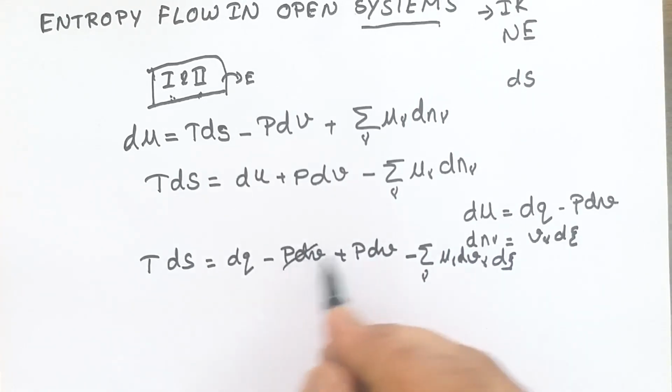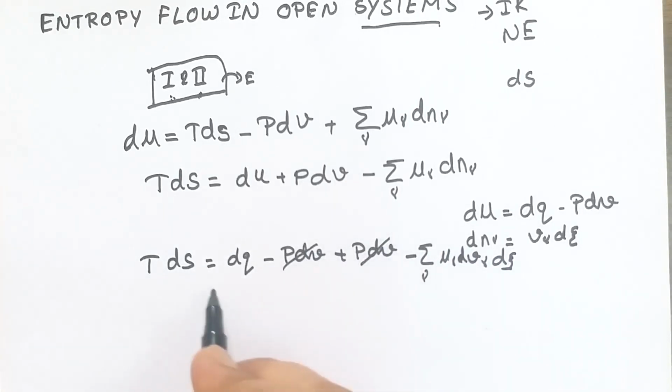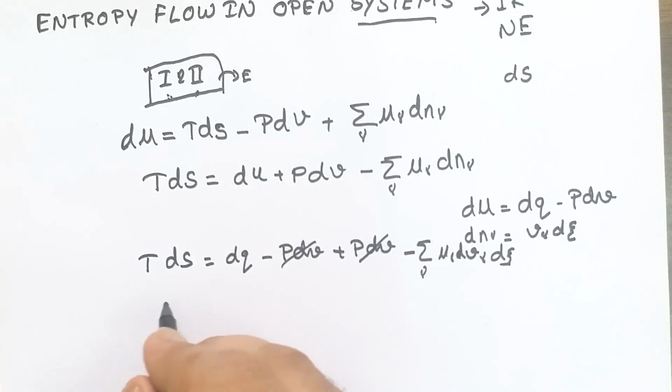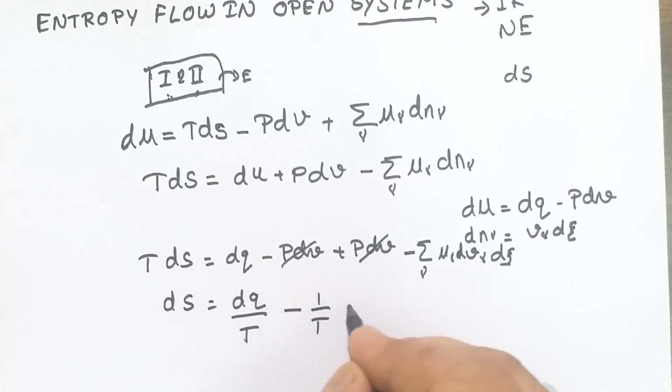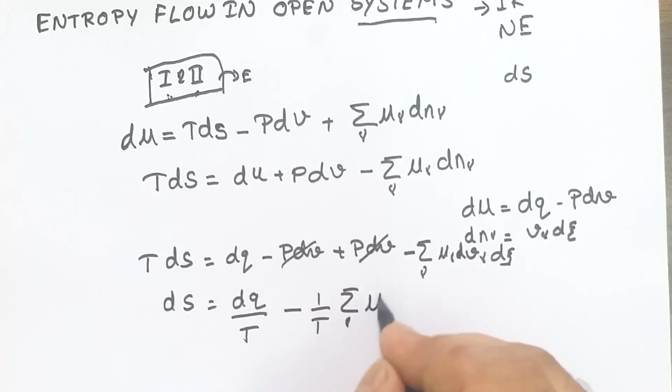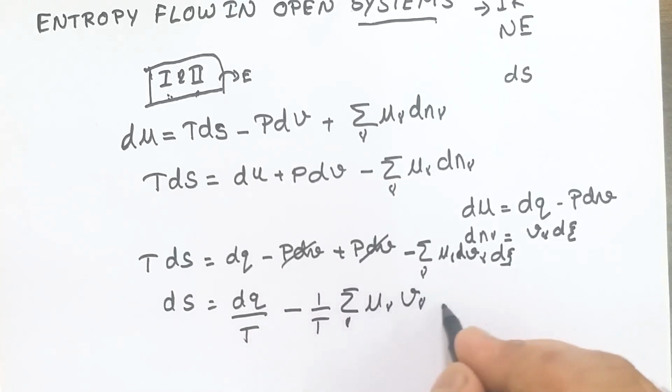Further, both these PdV terms cancel out, and this T we can take to the denominator. So we will have dS is equal to dQ by T minus 1 upon T summation of mu gamma nu gamma into d psi.